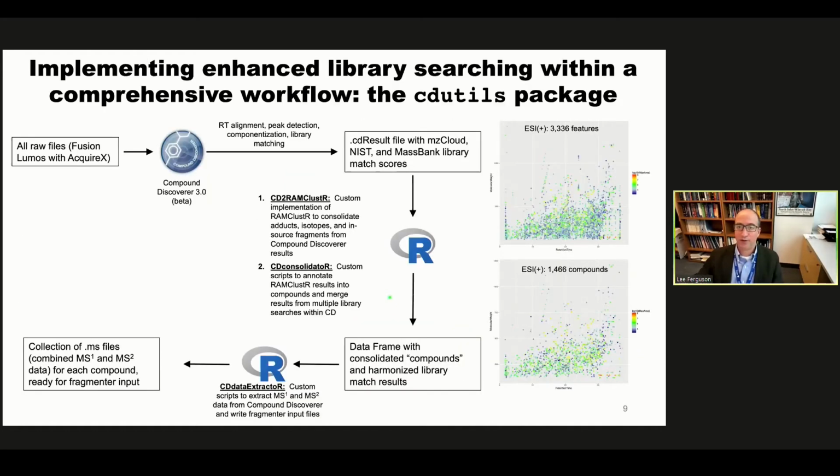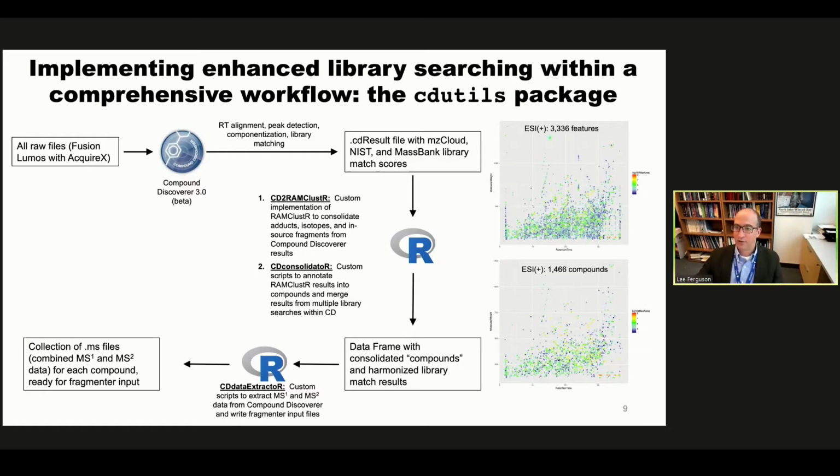Okay, so we incorporate this into a total workflow. In addition to the libraries, we've built an R package called CDUtils, which is incorporated and complements some of the commercial software that we use, in this case, Compound Discoverer software, which allows us to do things like align, detect, and then consolidate our features to get rid of artifacts in the data.